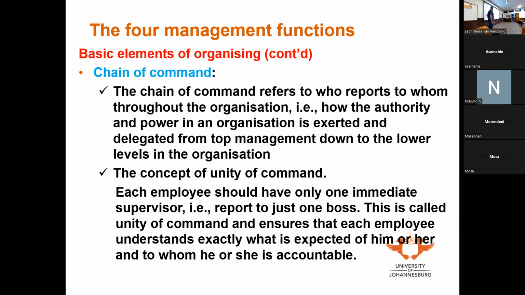The chain of command refers to who reports to whom. We spoke about that. If you look at your organization structure, the chain of command shows how authority and power in the organization are exerted and delegated from top management to the lower levels. This also gives you the roles of people, their responsibilities, and who reports to whom.